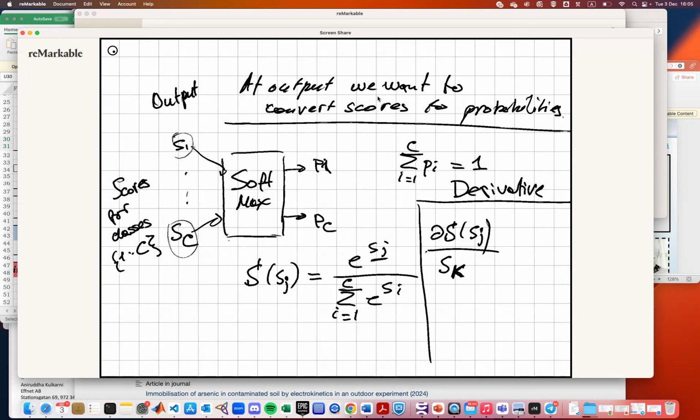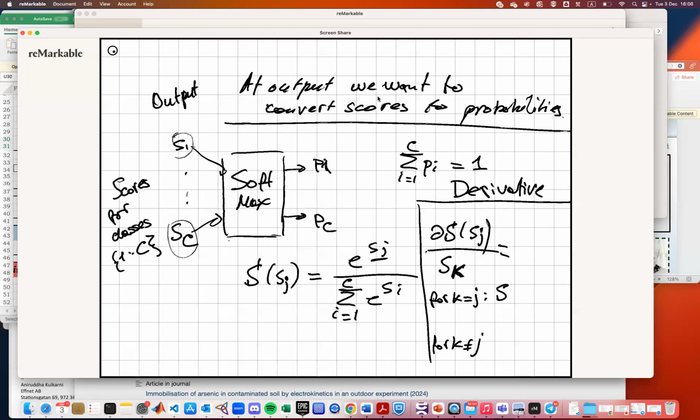Since all the scores are involved in the computations of the output of softmax, we are talking about the derivative of this function with respect to any of the inputs. And that's why it has two cases. So for k equals j, and for k not equal j.